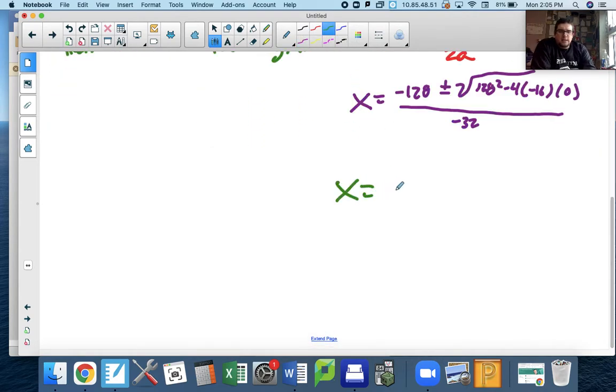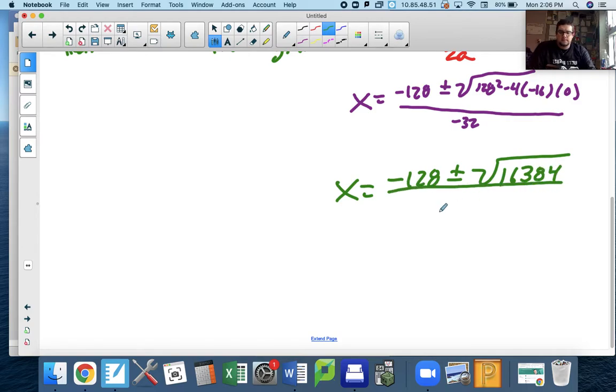So that gives me x equals negative 128 plus or minus the square root of, 128 times 128, 16,384, all over negative 32.